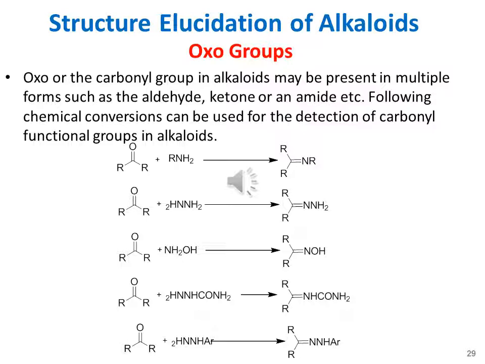The reaction of the carbonyl with the primary amine will produce an imine. Similarly, the reaction of the carbonyl functional group with hydrazine will produce a hydrazone, and the reaction of hydroxylamine with the carbonyl functional group of the alkaloid will produce an oxime. Semicarbazide upon reacting with the carbonyl group of the alkaloid will produce a semicarbazone, and similarly aryl hydrazine upon reacting with the carbonyl functional group of the alkaloid will produce an aryl hydrazone.